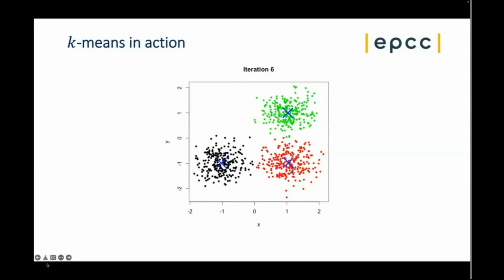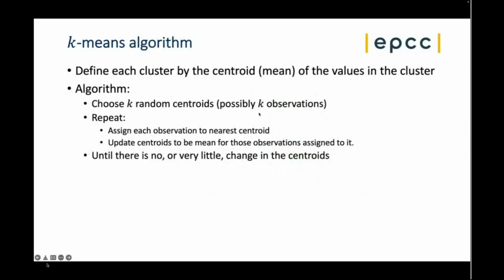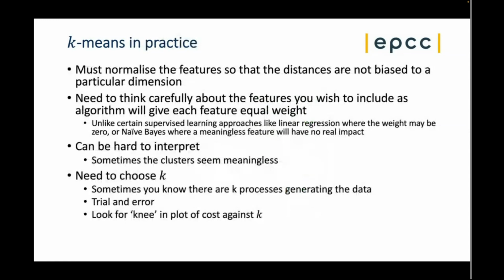Similarly, the red one was moved to the middle of the reds, the middle of the greens. And then once it's moved, it reassigns all the points again to the nearest one. So you assign observations, then move the centroids, and repeatedly go backwards and forwards.